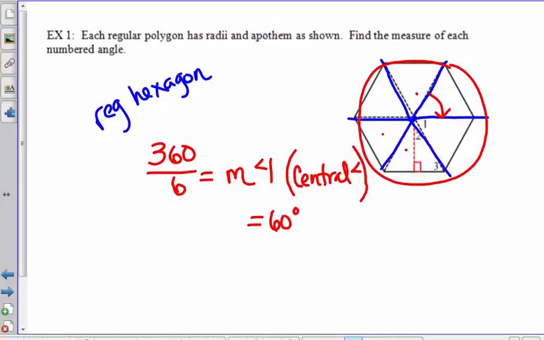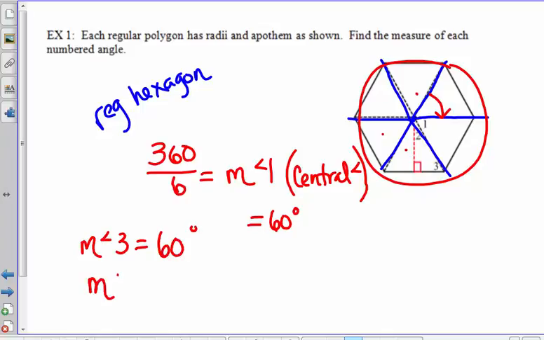I can also find the measure of angle 3. I know that these are regular polygons. The definition of a regular polygon is that all the sides are the same measure and all of the angles have the same measure. So a hexagon is divided into 6 equilateral triangles. So the measure of angle 3 is also 60 degrees.